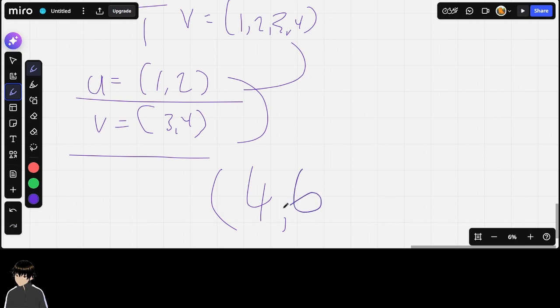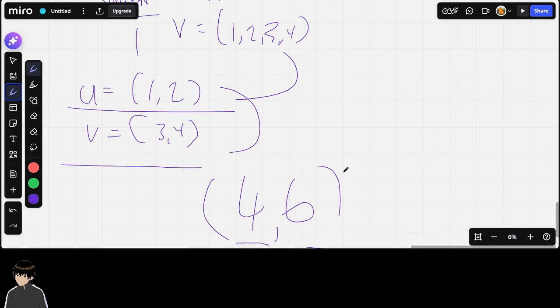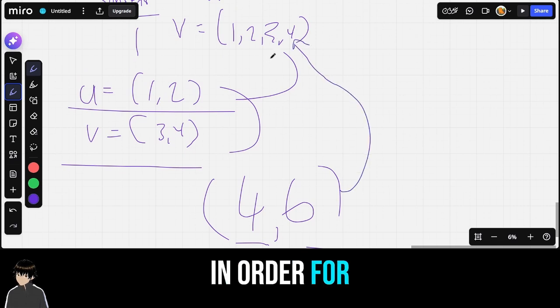These two numbers should also be in here in order for them to be a subspace.